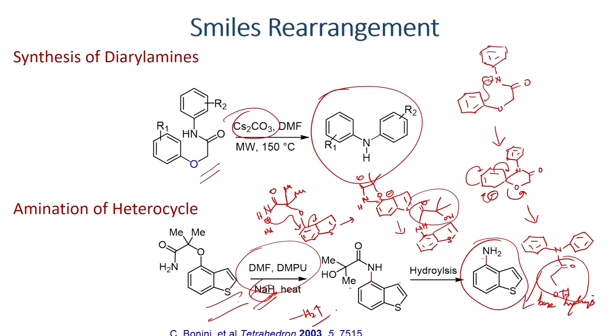So these are very useful reactions. If you have a leaving group like oxygen or sulfone, you can react with a strong nucleophile and dislodge it. In this way you can get the substitution product.